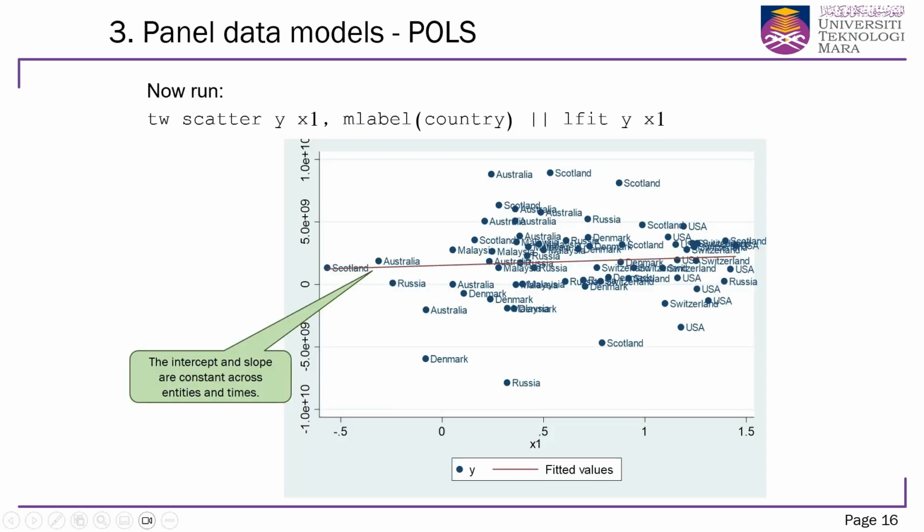To clearly see the constant intercept and slope explaining the relationship between the y and the regressor x, we can run this command: tw scatter y x1, comma m label in bracket country, double pipe sign. You can see on the button above the enter button on your keyboard, followed by lfit y x1 to get this graph.